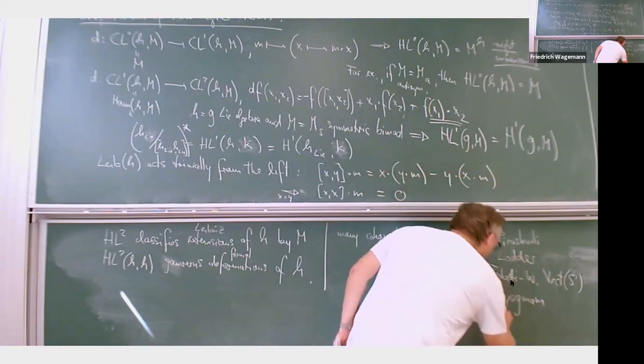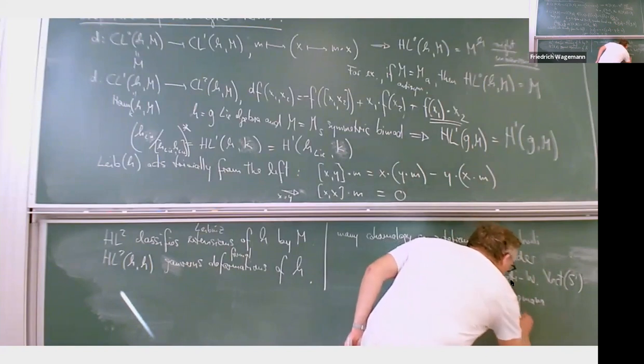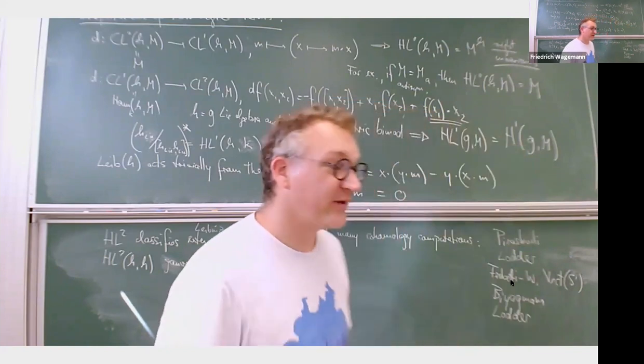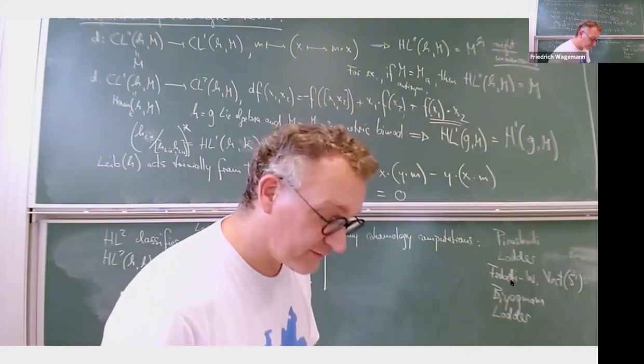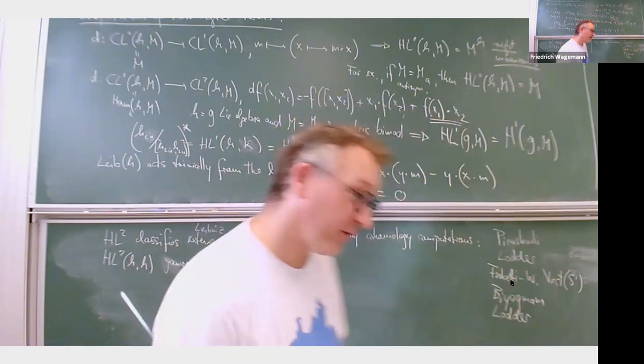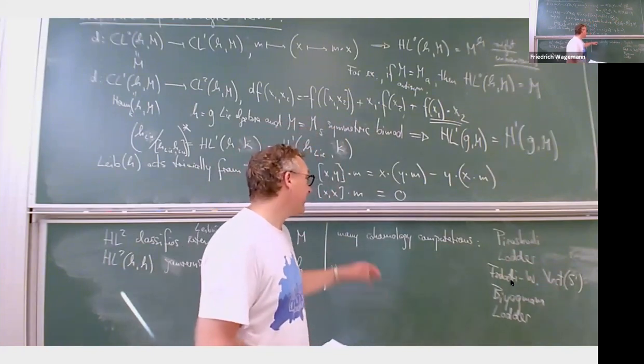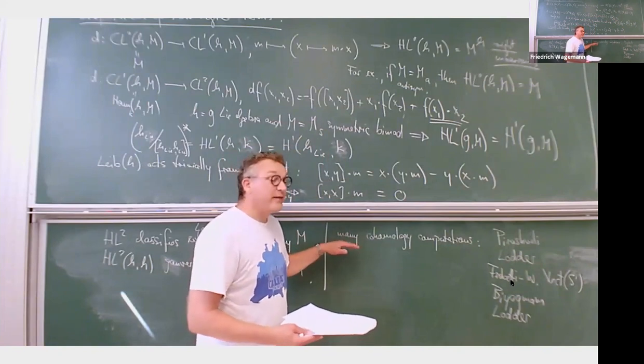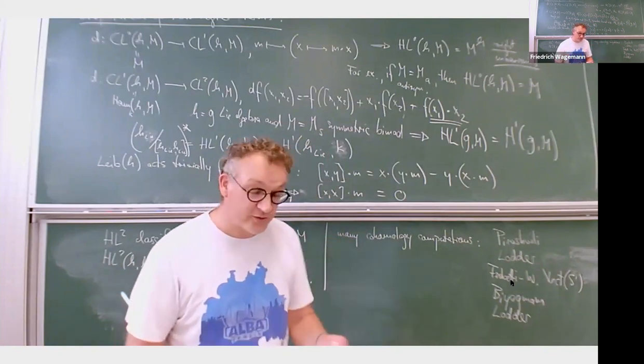And then Loday also has other papers on the subject, the cohomology of the Lie algebra of affine vector fields, things like that. So I cannot talk about all of them, but just to tell you some names and to say that there are many cohomology computations already available.